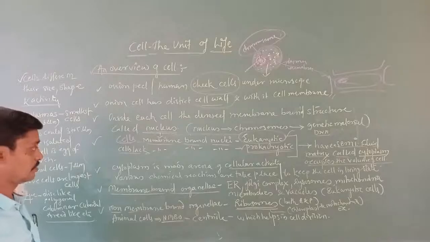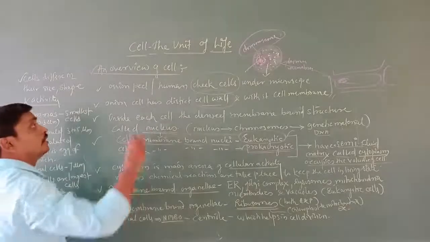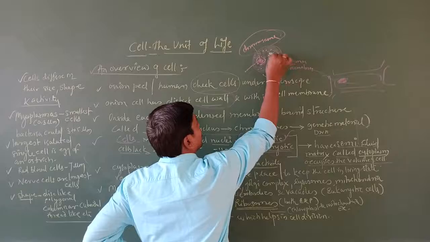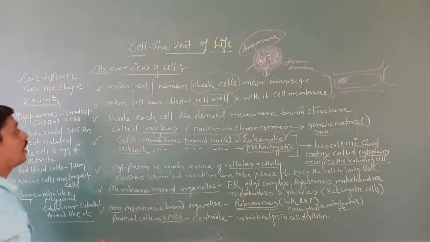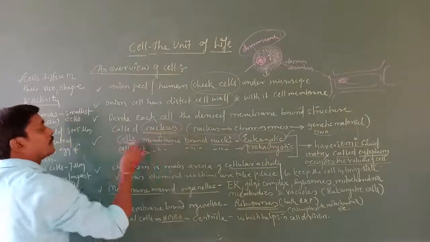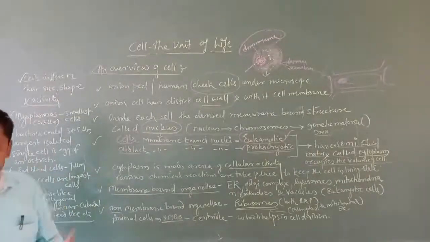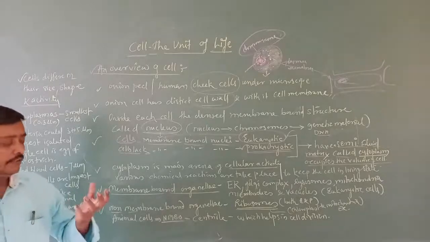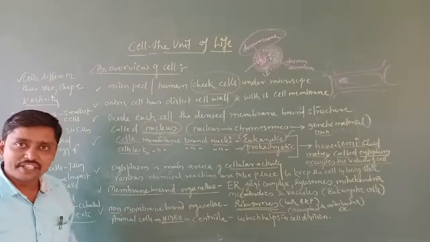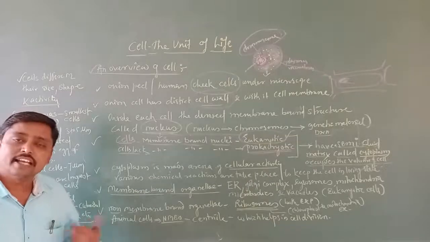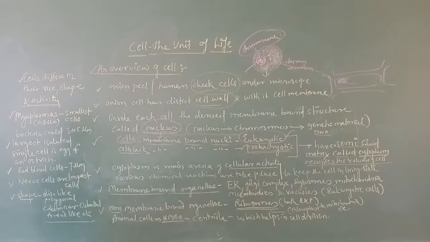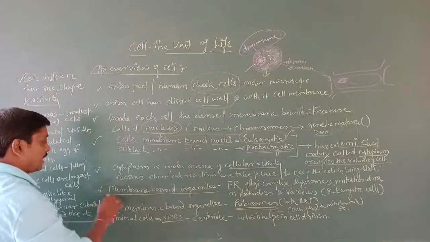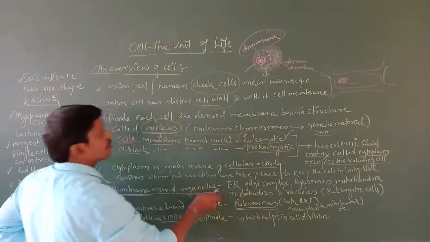Understood? Then next, in this cytoplasm we are going to get different kinds of membrane bound organelles apart from the nucleus. In a cell or in a cytoplasm, there are membrane bound organelles other than the nucleus.